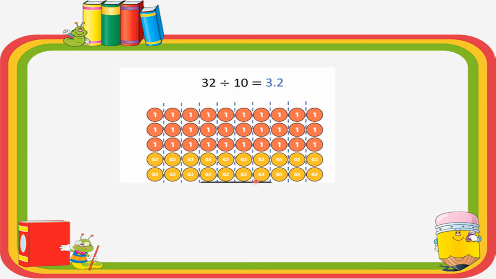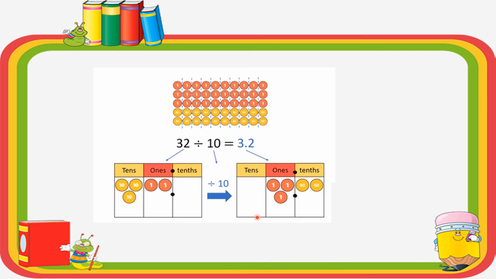So you can either use the counters to help you divide by 10, or you can use your place value grid. Now remember, we learned that when we divide by 10, we move one column to the right. So here we have our tens because we have 3 tens, and 2 ones. Don't forget to put your dot.